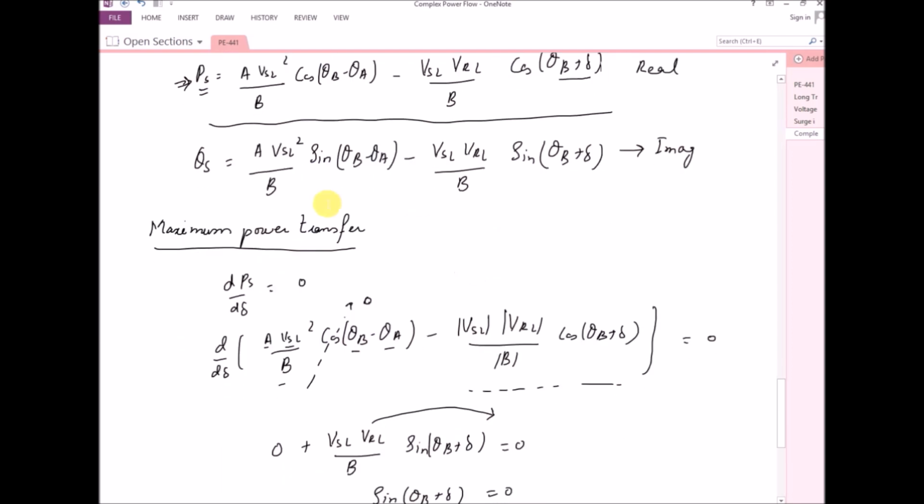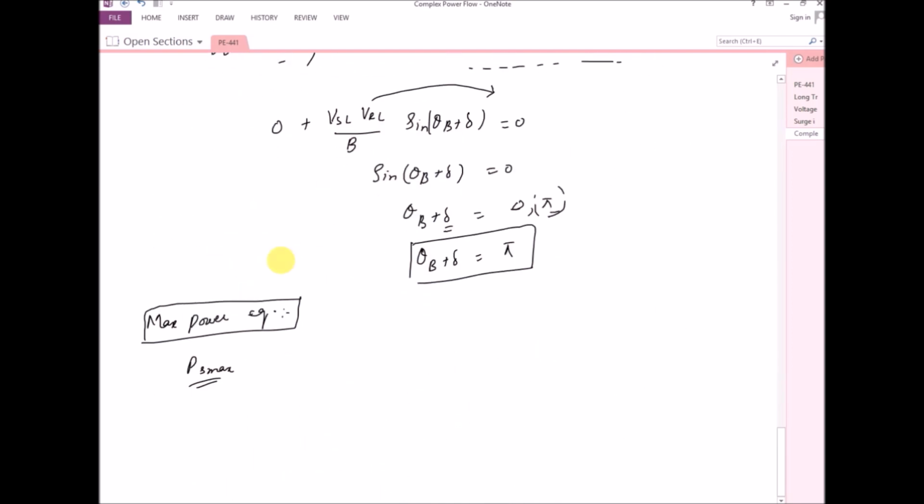So this becomes A VSL square over B cos theta B minus theta A, minus VSL VRL over B cos pi, and the value of cos pi is equal to -1.